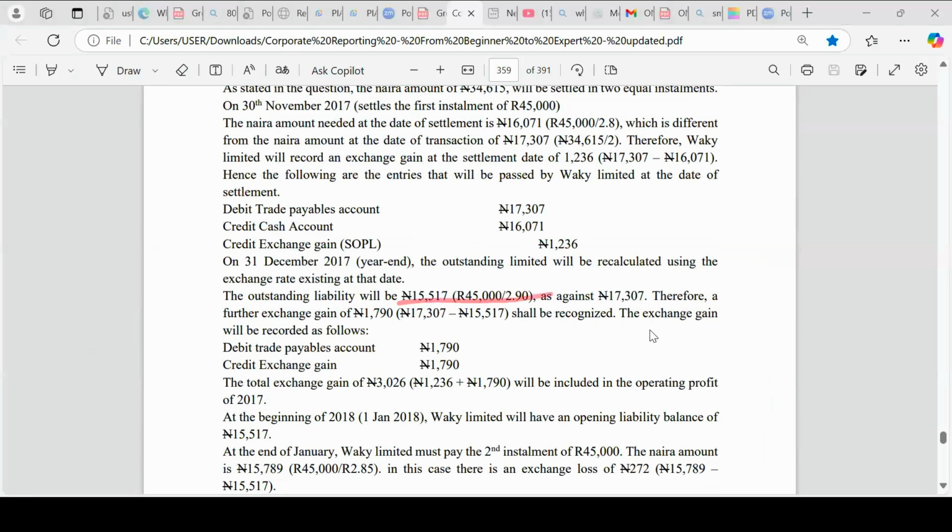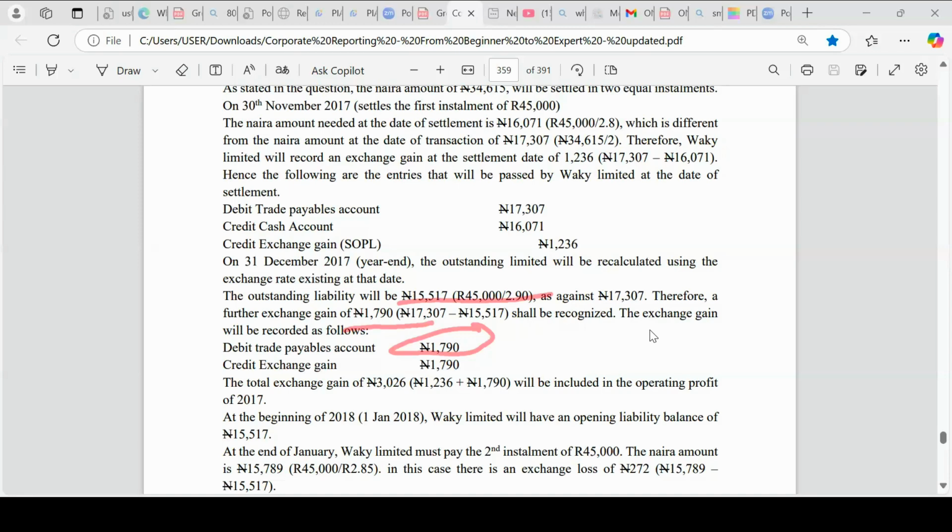And then realized this as an exchange gain. So this one is done. You're debiting trade payables to reduce, what is it called now? To reduce the payables as of that day, because you have made an exchange gain.